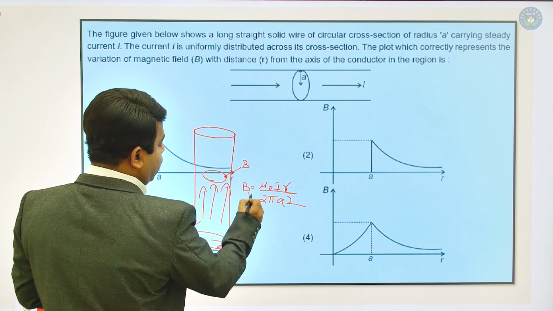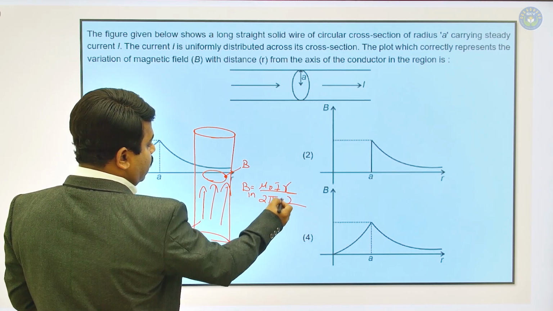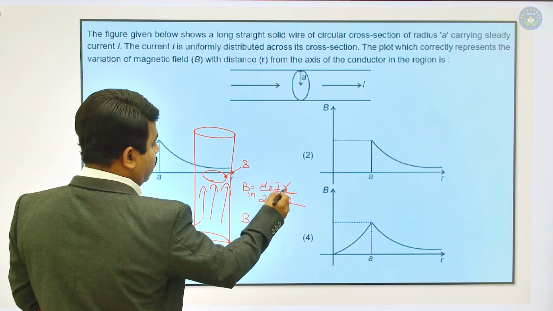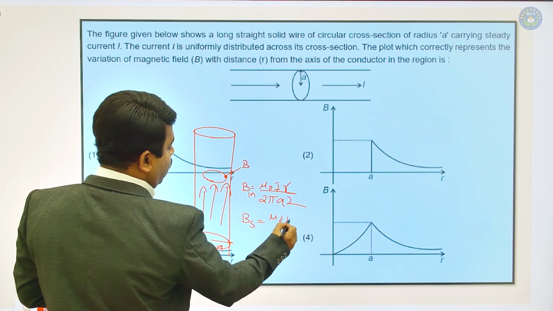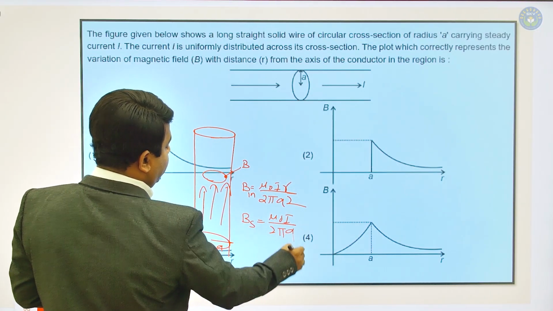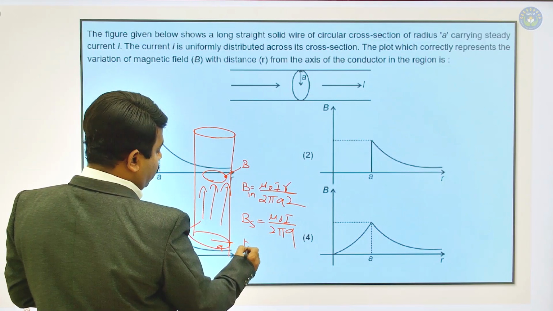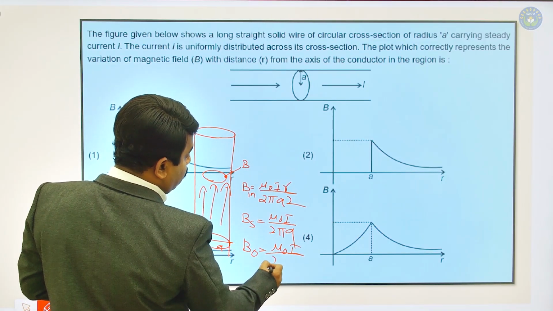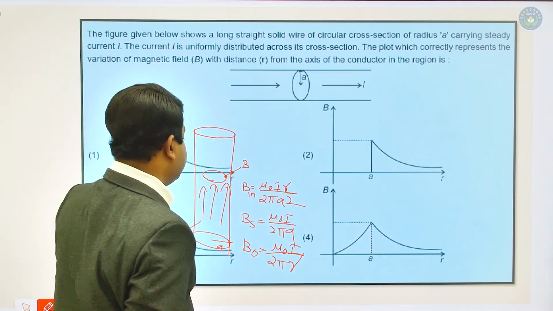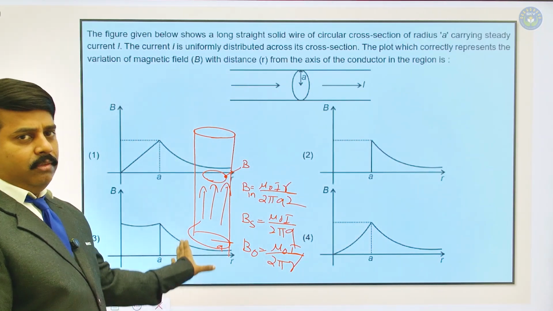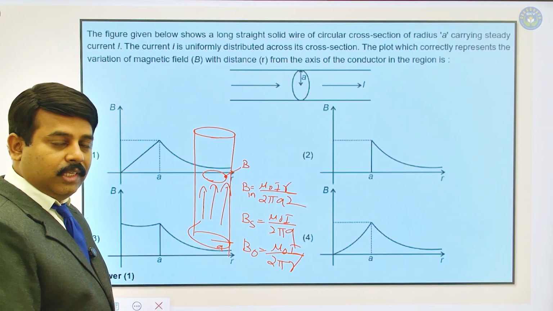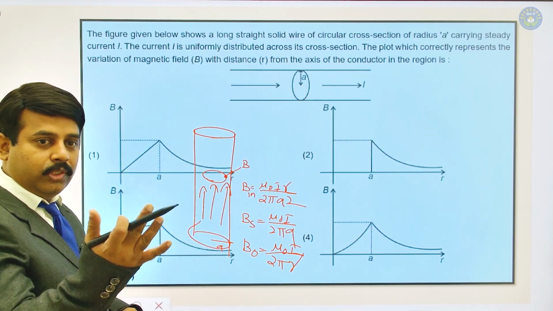Now at the surface, R is equal to A, the field is mu 0 I divided by 2 pi A. Outside, it is mu 0 I divided by 2 pi R. These are the three expressions we studied: inside, surface, outside.